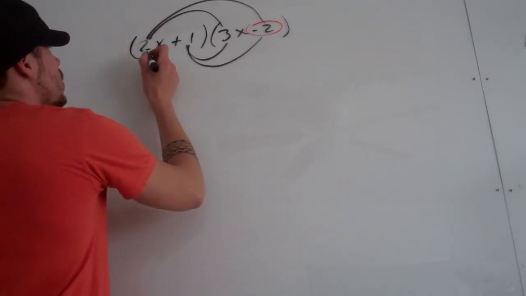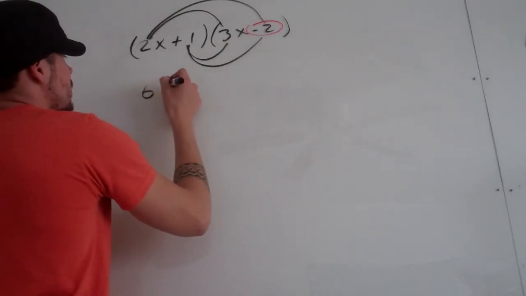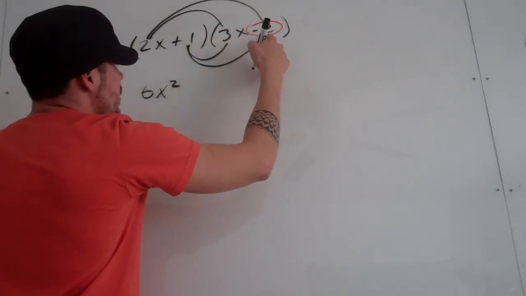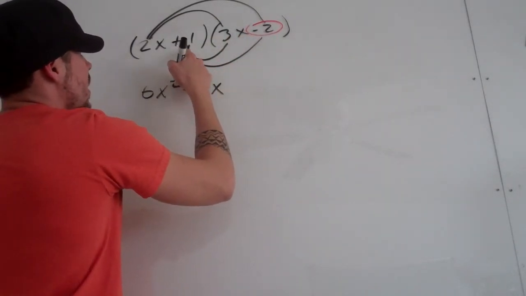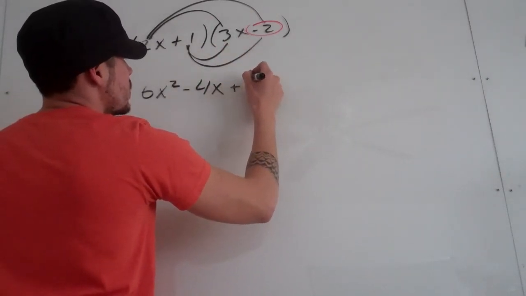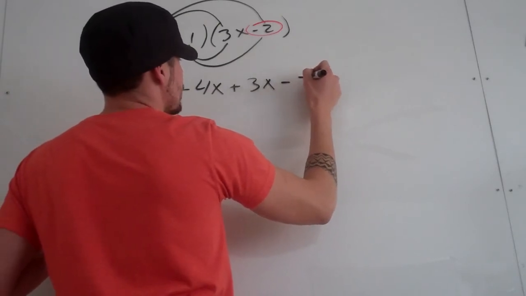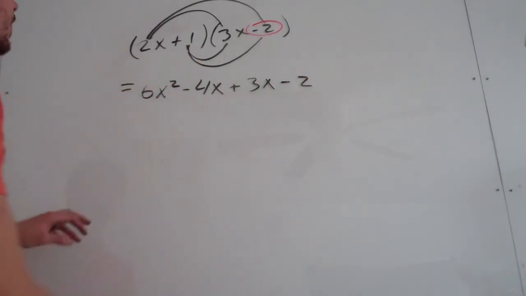Okay, so 2x times 3x is 6x squared. And 2x times negative 2 is negative 4x. 1 times 3x is plus 3x. And 1 times negative 2 is negative 2. This is equal to that.